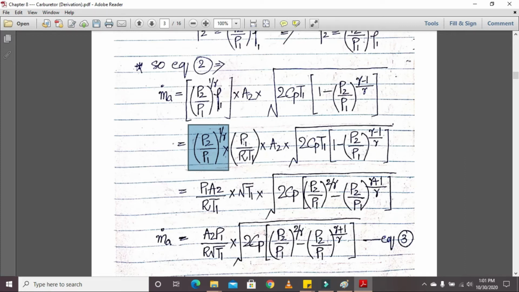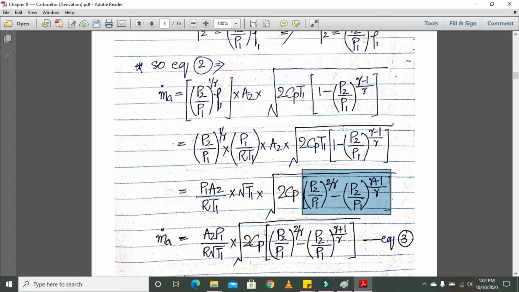And as a result, when this factor is gone inside the square root and multiplied with this factor, we will obtain this relation: p2 upon p1 to the power 2 upon gamma, minus p2 upon p1 to the power gamma plus 1 upon gamma.